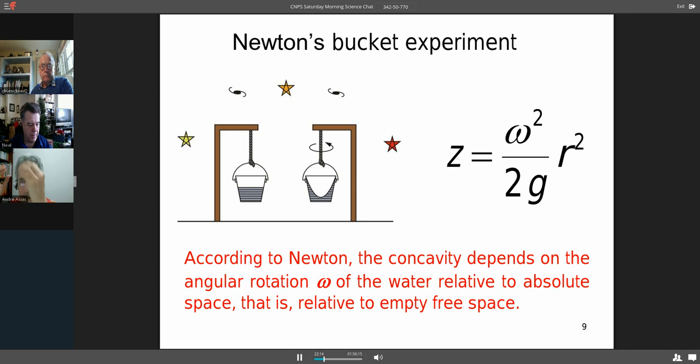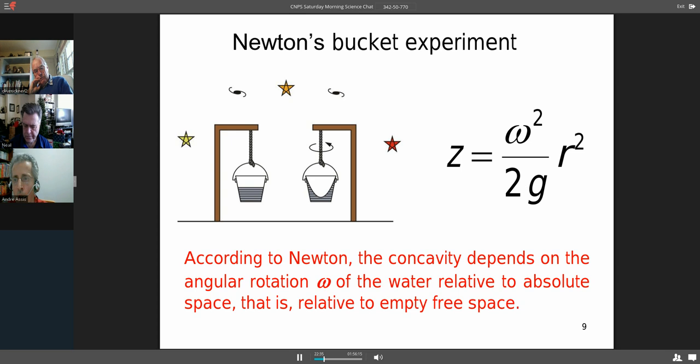So with this very simple experiment, Newton was so bright that he could prove the existence of the vacuum, that when something is accelerated relative to the vacuum, there will be a visible effect, like the deformation of water here.